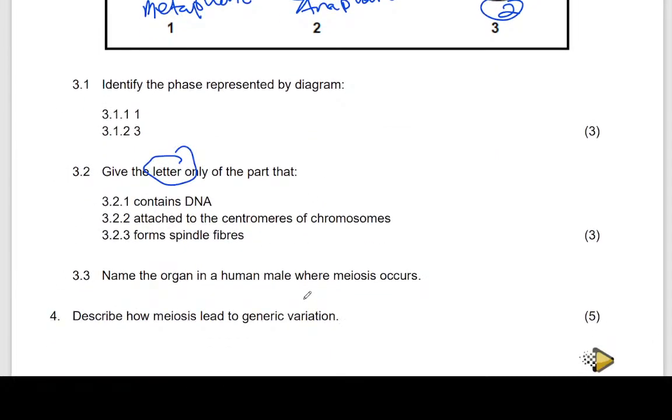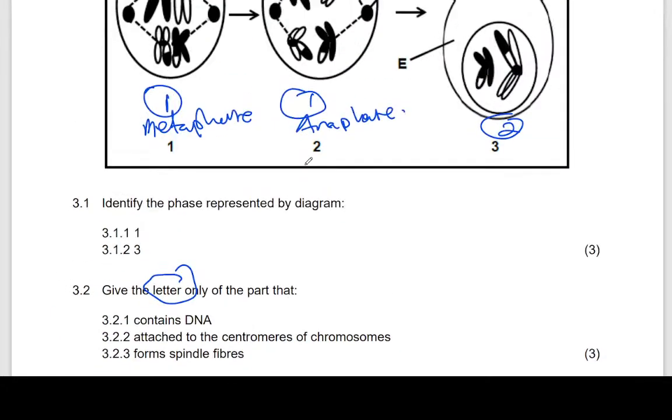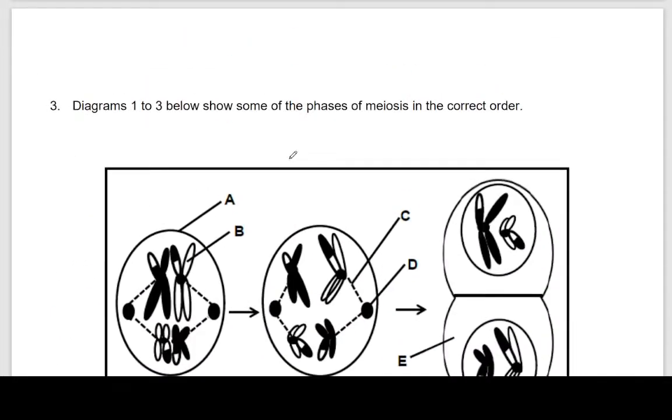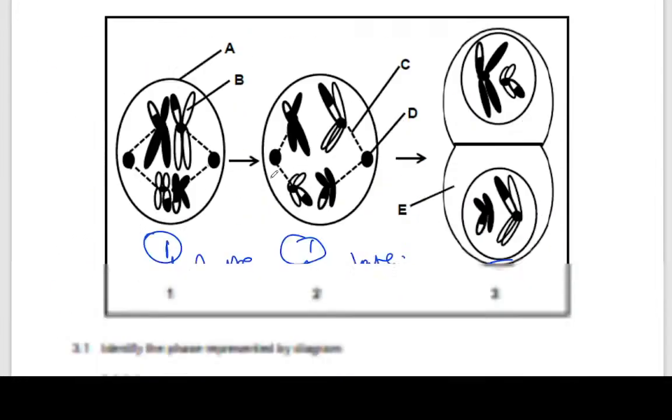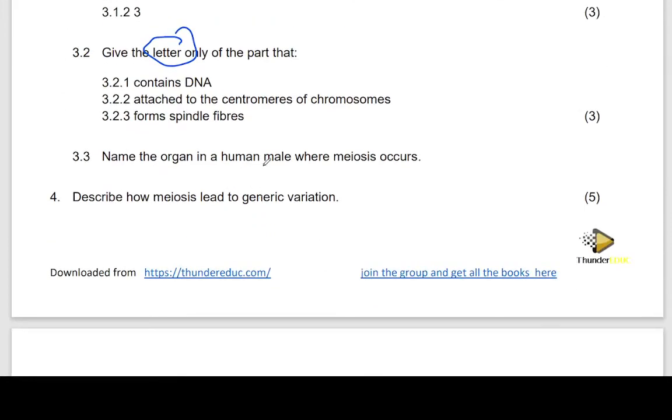Name the organ in human. You see, now the question goes to the human, meaning that all you have been talking about is not about human, it's just about meiosis. Name the organ in humans where meiosis occurs. But they are specific, not just human. They are looking for the human male.